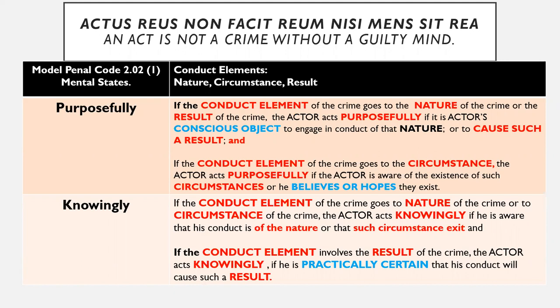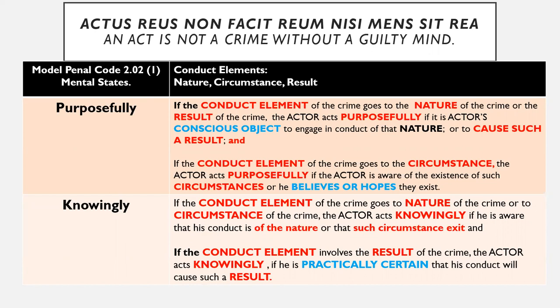If the crime of public inconvenience is an intentional crime, the state, the prosecuting arm, has to establish that the actor's mens rea was purposeful.